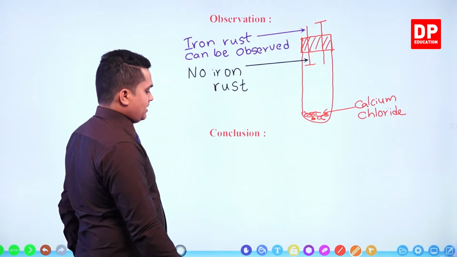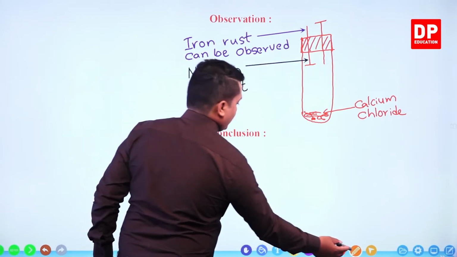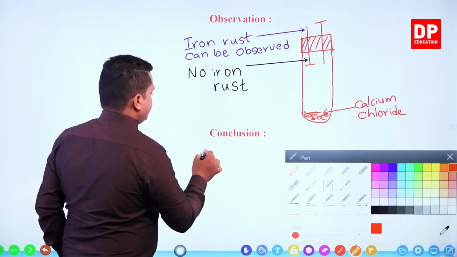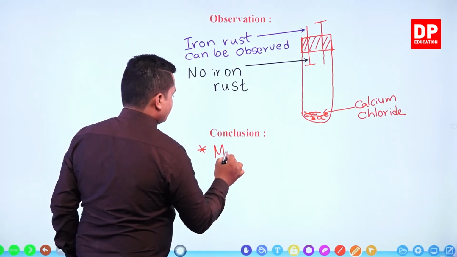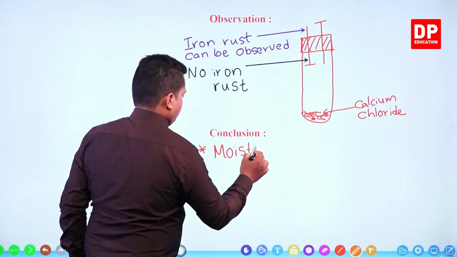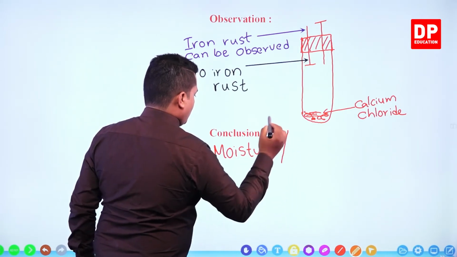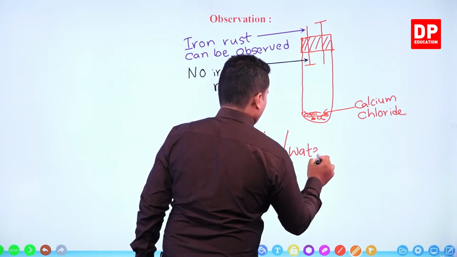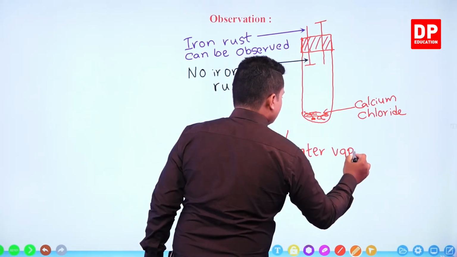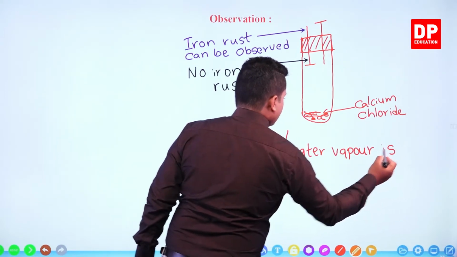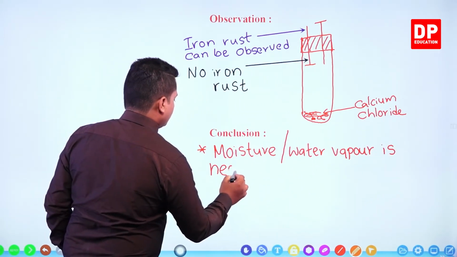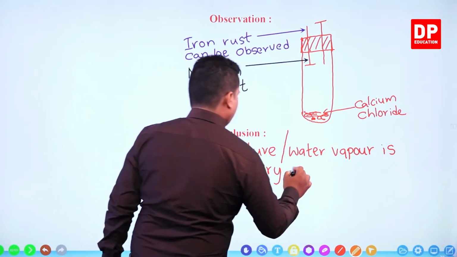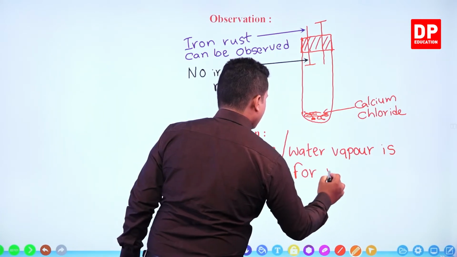So from this experiment, finally we can conclude that moisture or else water vapor is necessary for rusting.